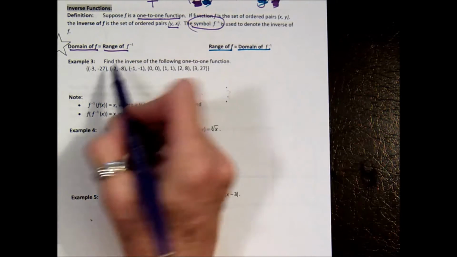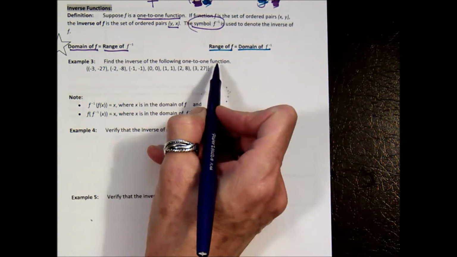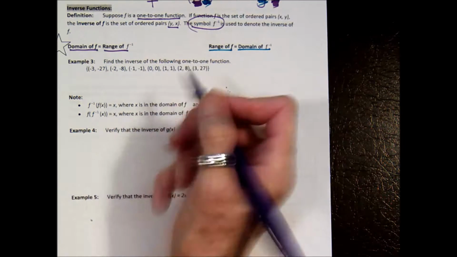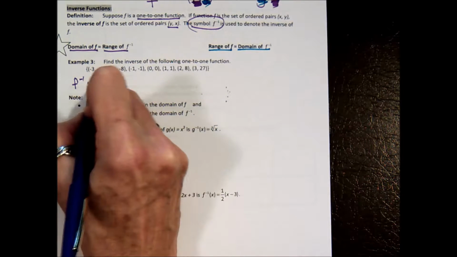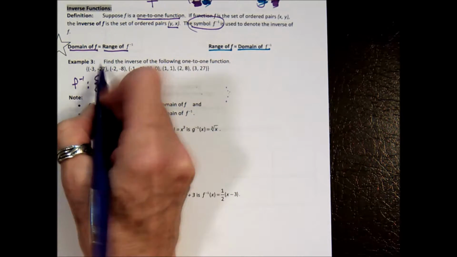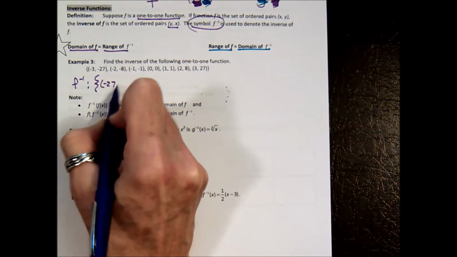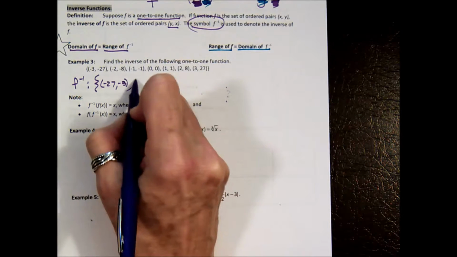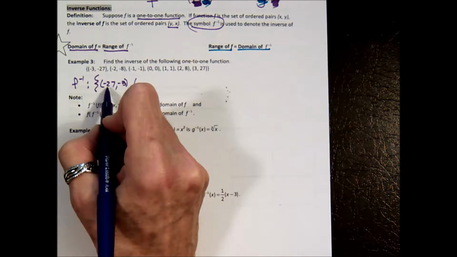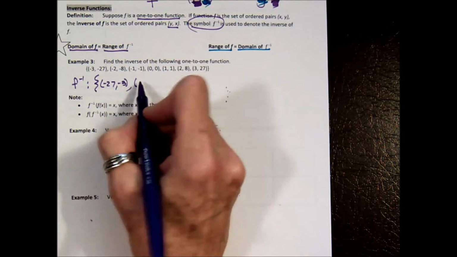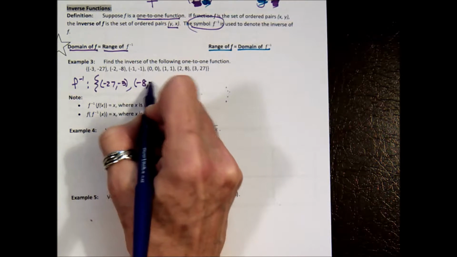So it says find the inverse of the following one-to-one function. And here it is listed. So f inverse is the set. And we're going to take each of these ordered pairs and we're just going to turn them around. So what was (-3, -27) becomes (-27, -3). (-2, -8) becomes this.